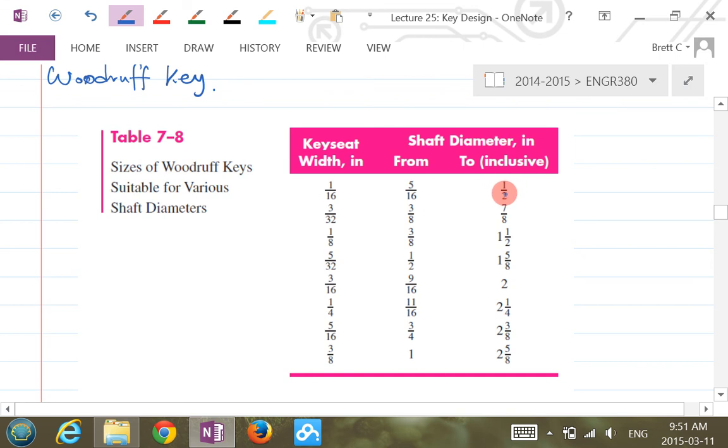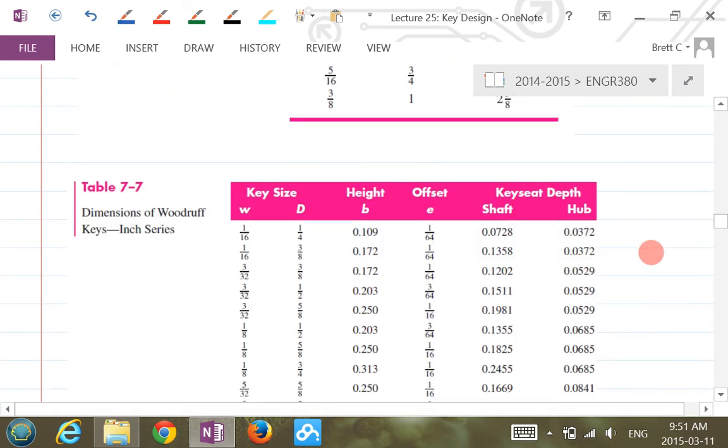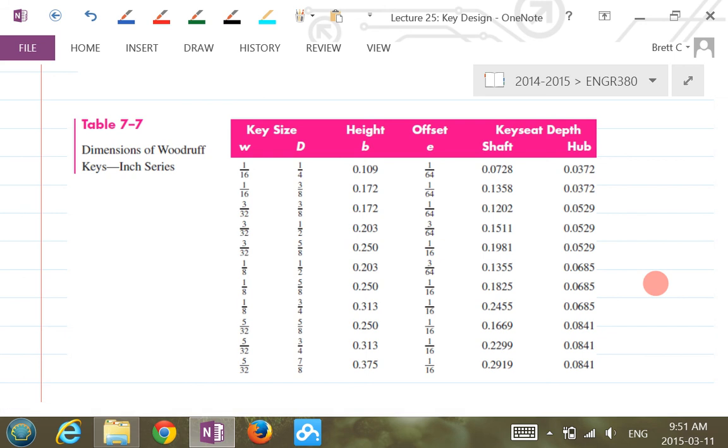So within this range of diameter, here is W, and similar for the other dimensions there. 7-7 is also for Woodruff key dimensions. It has W, D, and B, and then there's offset E, based on the shaft keyseat depths for the shaft and the hub.